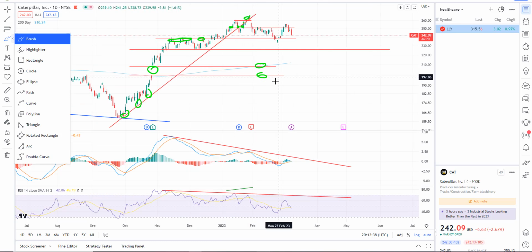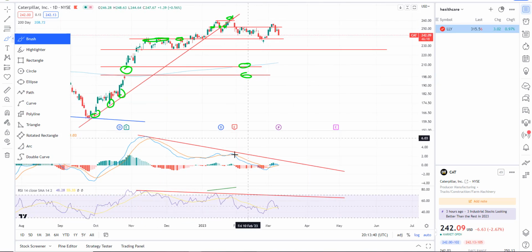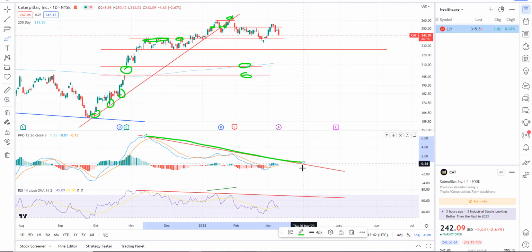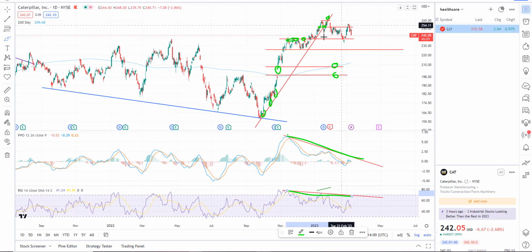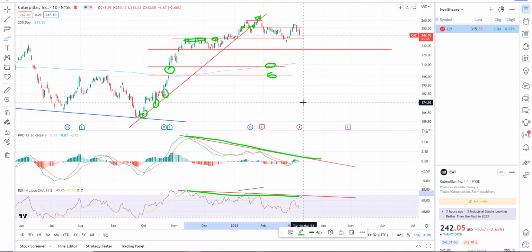And I like that still as resistance. Big negative divergence on the daily chart, indicating that this is really a topping pattern where we're likely putting in a longer term top, and we're going to have months, maybe years of a downtrend. The end of whatever this rally was, and starting a more major downtrend.